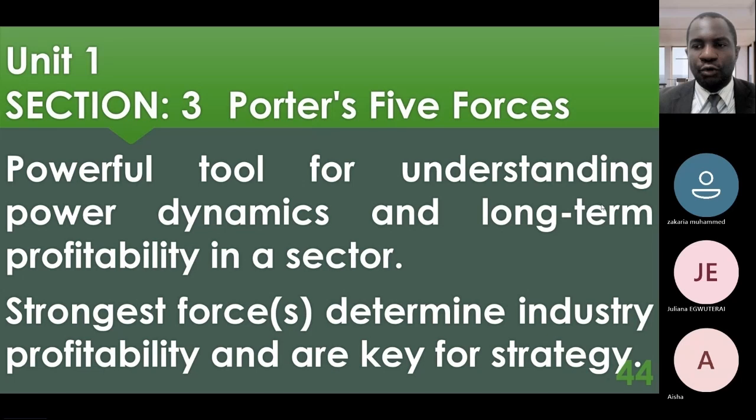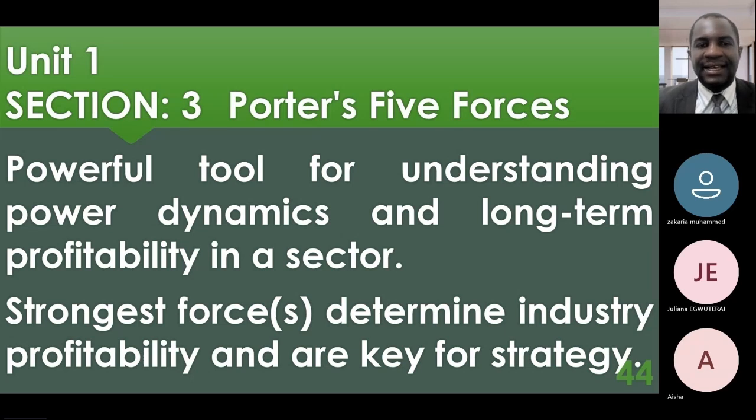So it's a powerful tool for understanding power dynamics and long-term profitability in a sector of a business. So the power dynamics and fighting for your market share is what this is all about. The strongest forces determine the industry profitability and are key for strategy. So the coming of Pop Cola in the north, and the existence of rival competitors like Pepsi Cola and Coca-Cola.